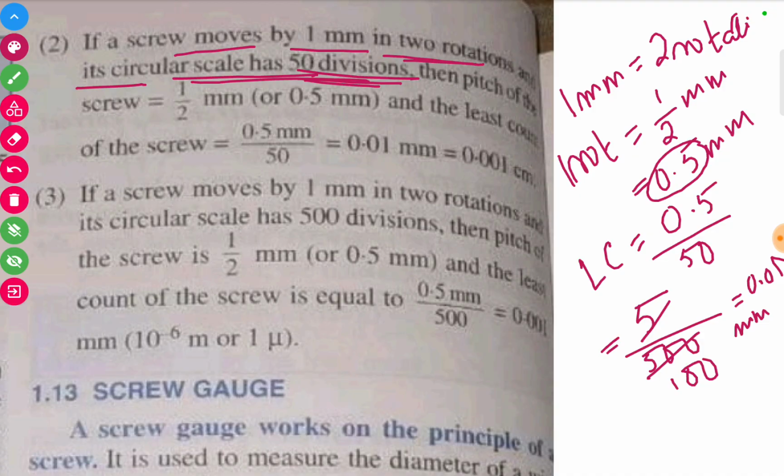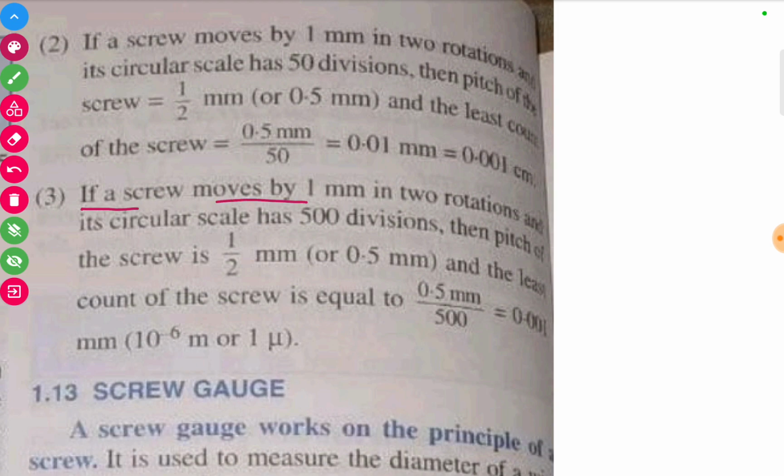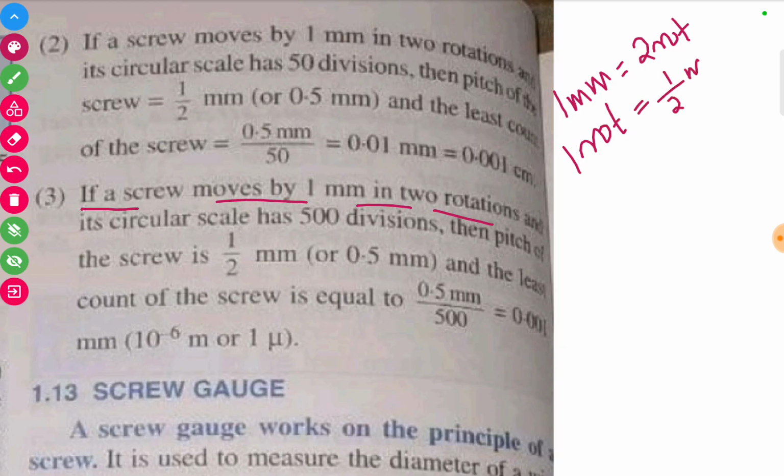So now you will know very well how to find out the pitch and the least count. Let's take another example. Here it is said if a screw moves 1 millimeter in two rotations, that means in one rotation it will move 1 by 2 millimeter, that comes out to be 0.5 millimeter, and its circular scale has 500 divisions. Then what will be the least count?